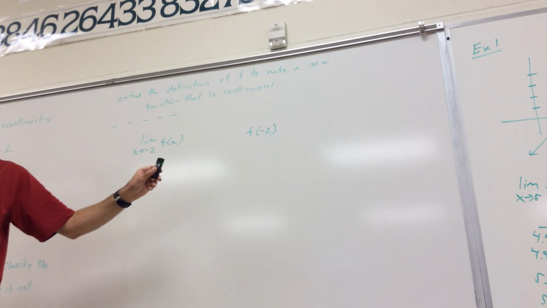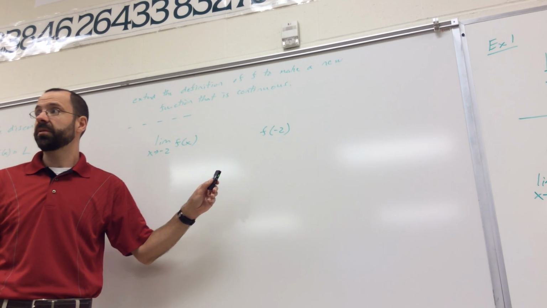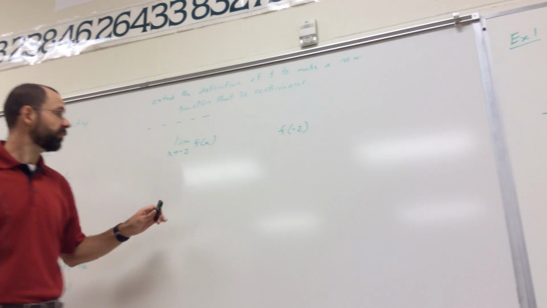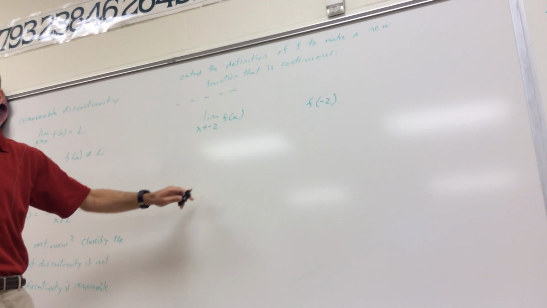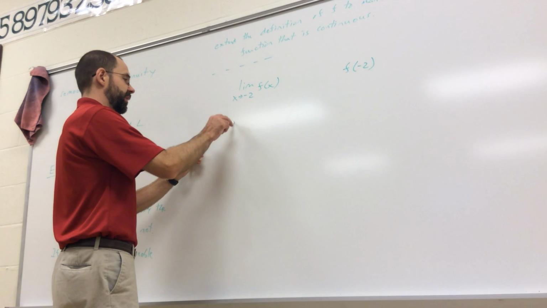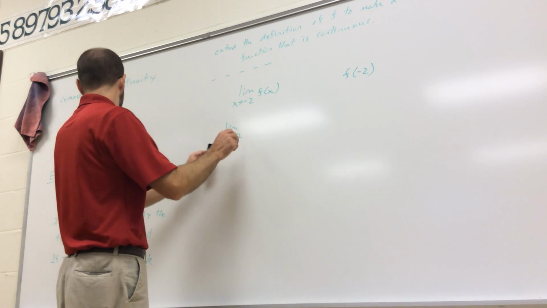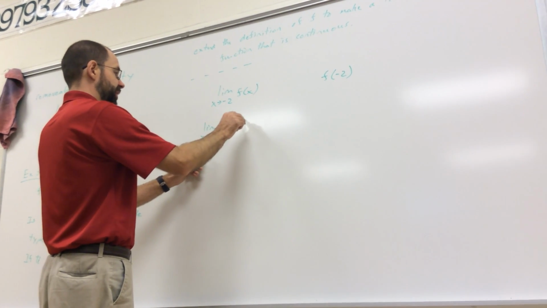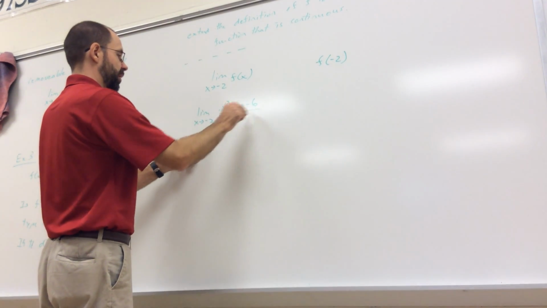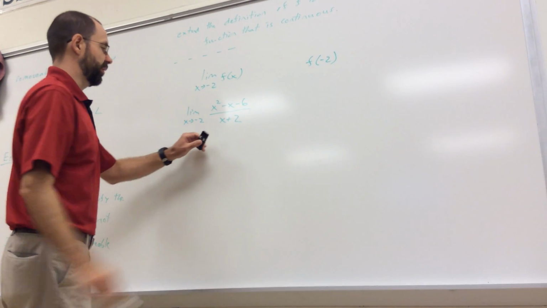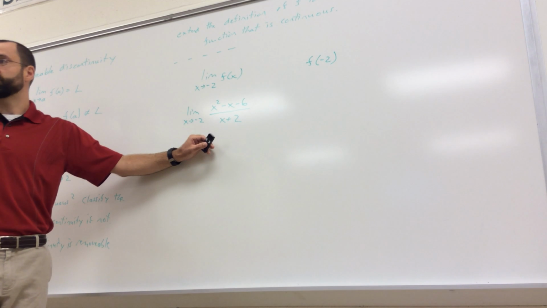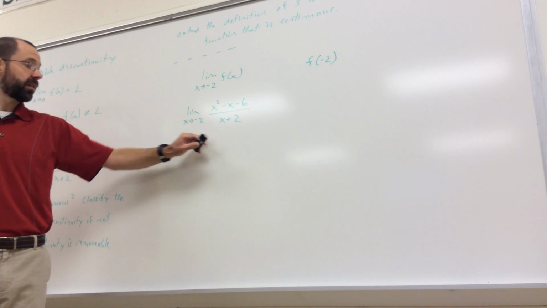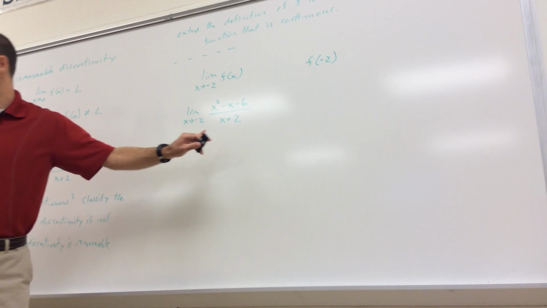And if it's not continuous, then there'll be different answers. Okay, so let's start out with the limit, because that's the harder one. So the limit as x goes to -2 of x squared minus x minus 6 all over x plus 2. We're trying to calculate the limit towards -2 of our f of x.